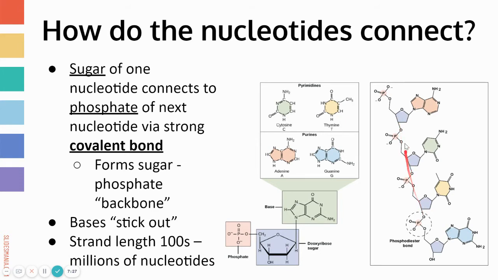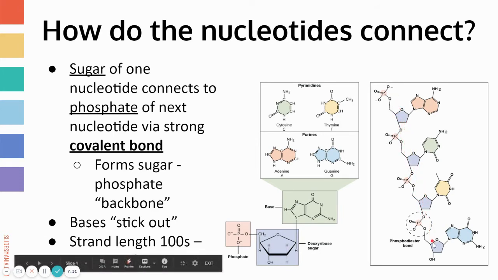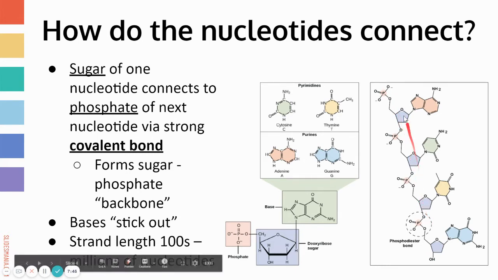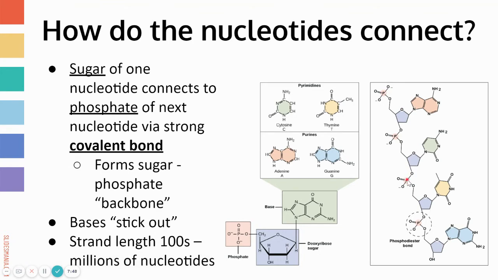And people refer to this as the sugar phosphate backbone of DNA. And part of the reason it's called the backbone is because the bonds that hold these molecules together are quite strong. They're called covalent bonds.